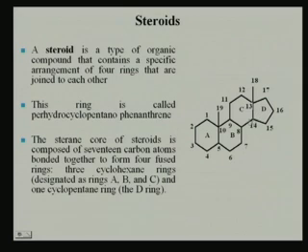cyclopentane ring. Now this ring system is also called the perhydrocyclopentanophenanthrene ring. This steroid core is composed of 17 carbon atoms bonded together to form 4 fused rings. 3 are cyclohexane, 1 is cyclopentane.